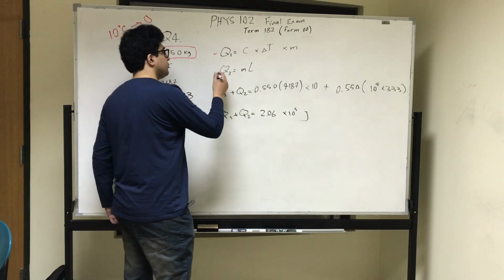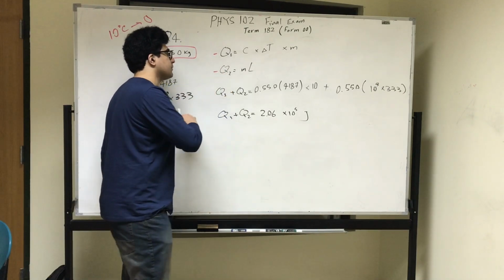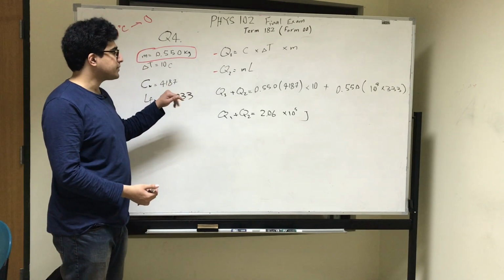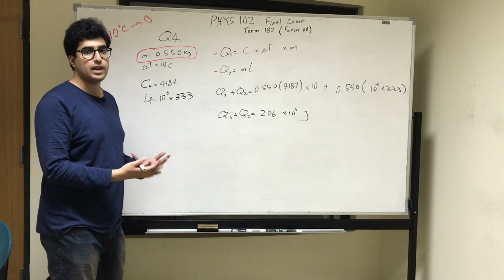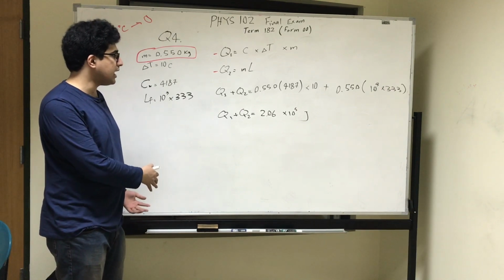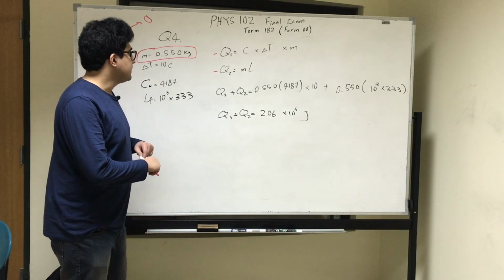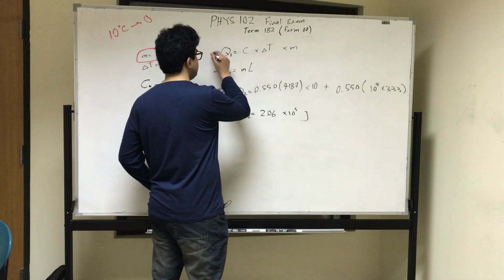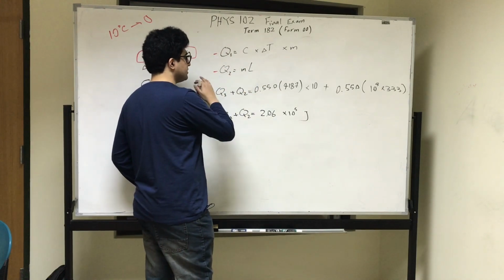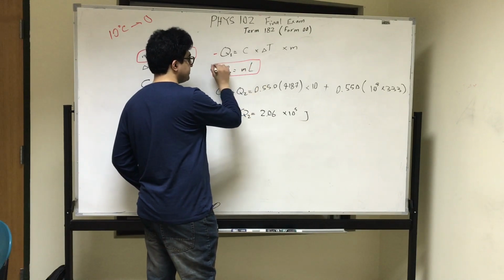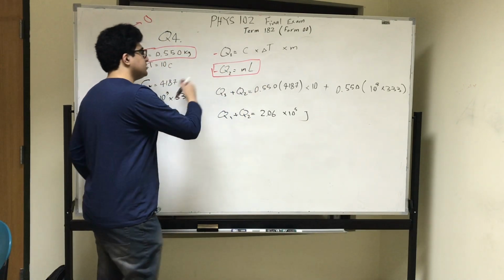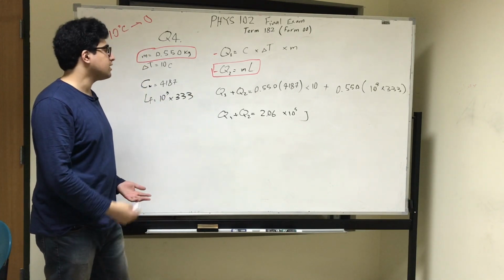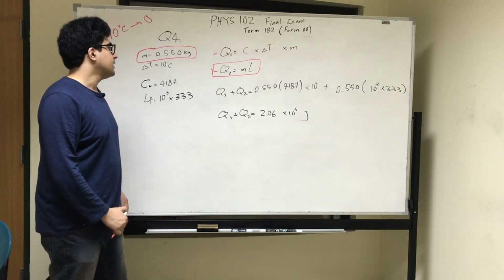Then after that, we have another process, which is this change of state from liquid water to solid. The equation for change in temperature is this equation, and the equation for change of state is this. When you change from liquid to gas or liquid to solid, or vice versa, you use this equation.